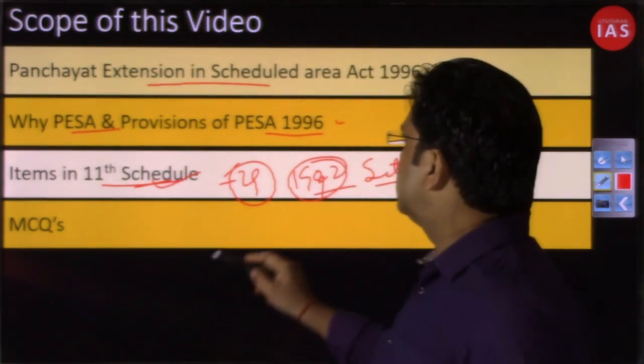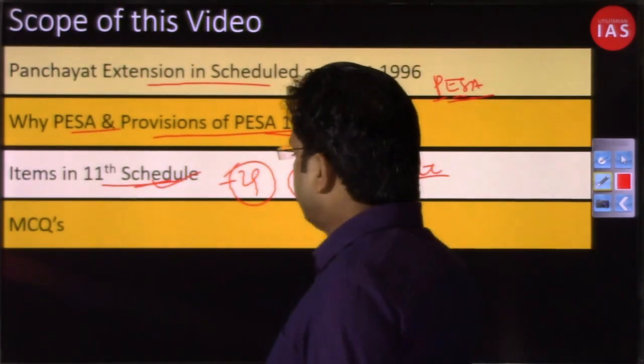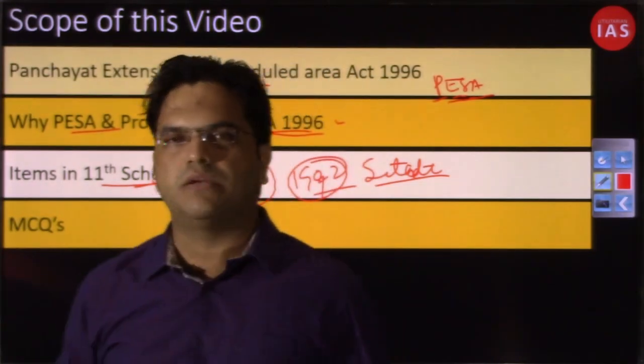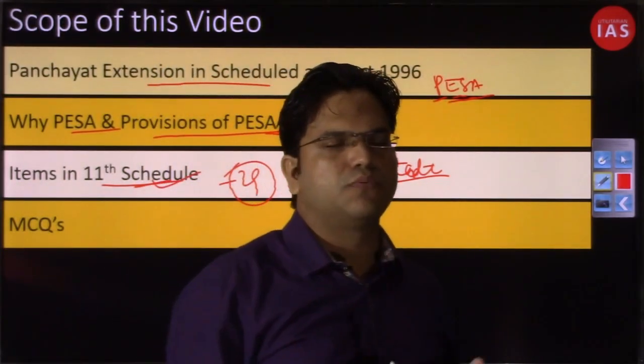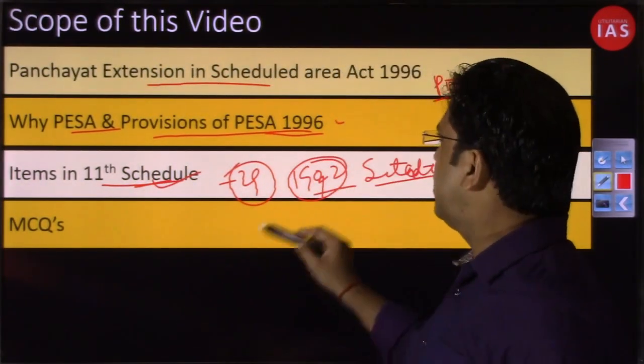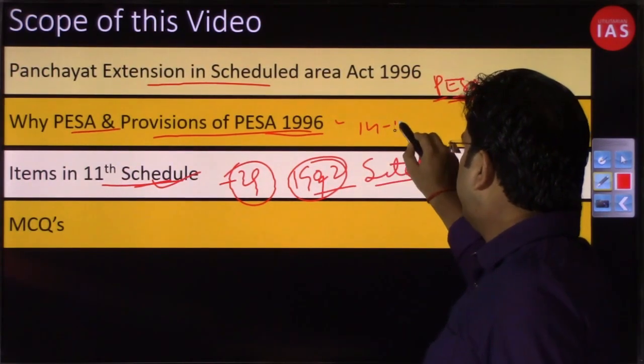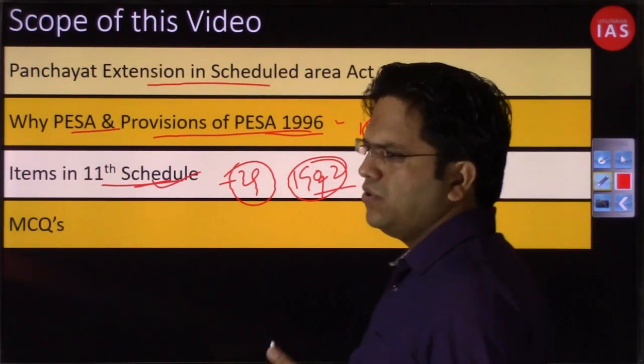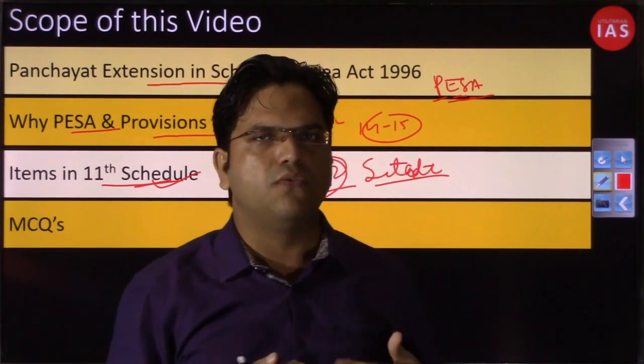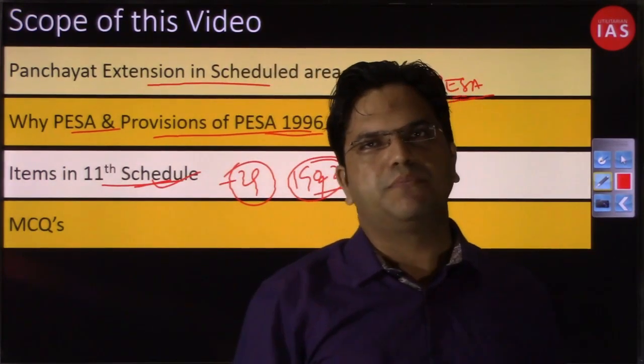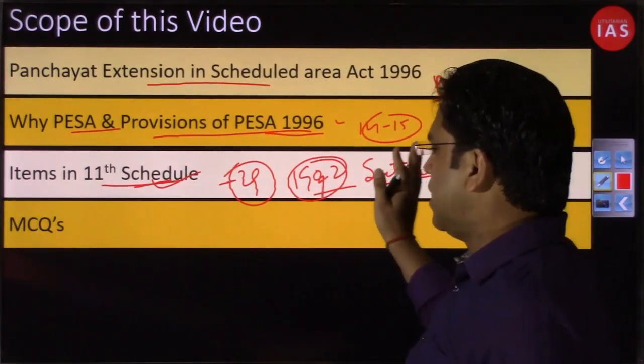The factual point that I was citing, that this chapter is going to be a little factual, was on these grounds. There are 14 or 15 provisions, and you need not take much load about how to remember them. These provisions are very simple.